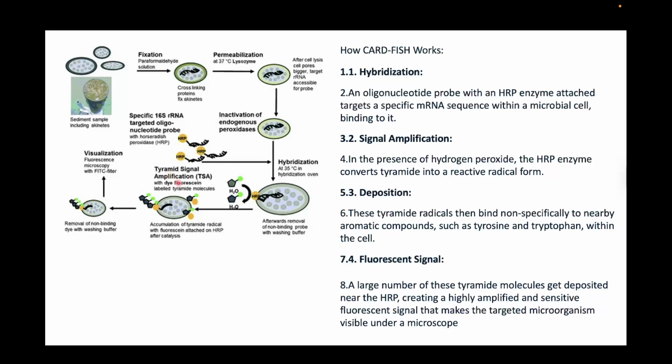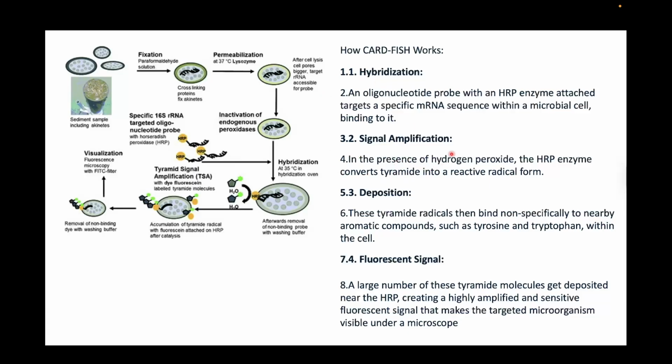So addition of the substrate in which horseradish peroxidase, which is attached to the probe here, will then convert this substrate into a colored substance, and visualization by fluorescence microscopy. So an oligonucleotide probe with an HRP enzyme attached targets a specific mRNA sequence within a microbial cell.